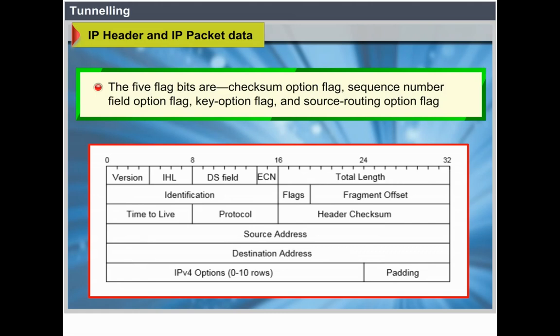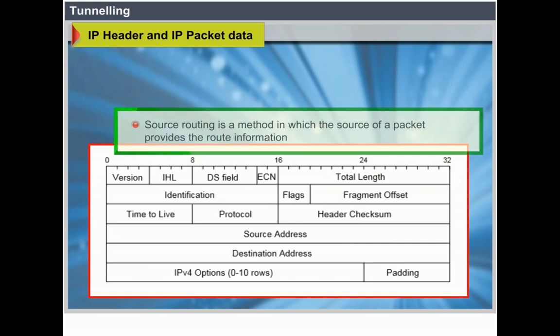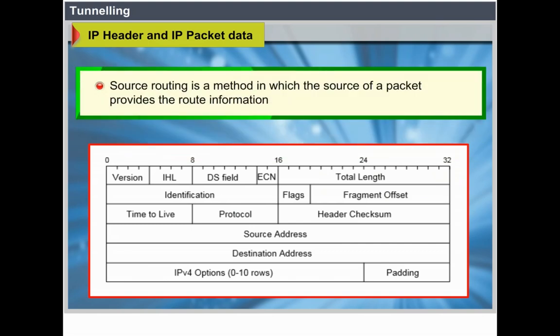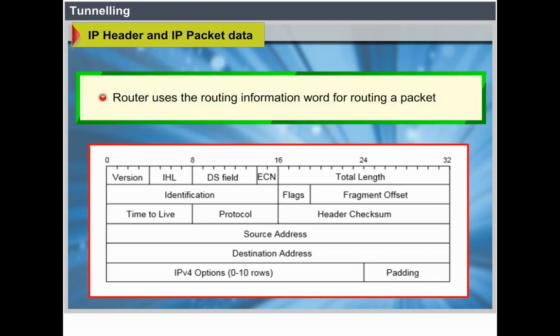The 5 flag bits are the checksum option flag, sequence number field option flag, key option flag, and source routing option flag. Source routing is a method in which the source of a packet provides the route information. The router uses the routing information word for routing a packet.